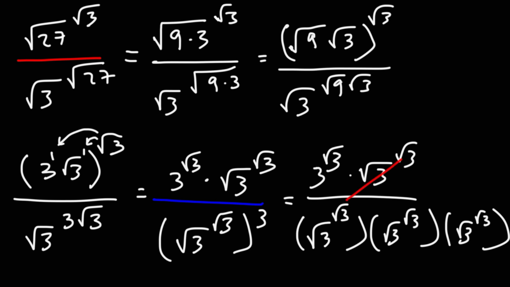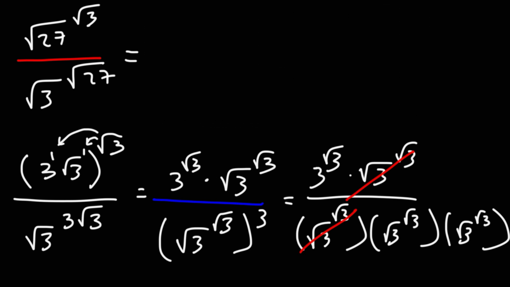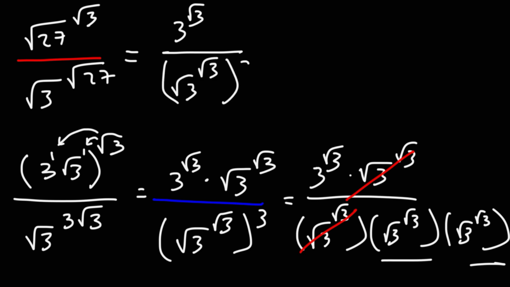Now I can cancel one of them. So now what I have is 3 square root 3. And notice that I have 2 of these left over. So I can write that as the square root of 3 raised to the square root of 3. Because I have 2 of them, it's now squared.